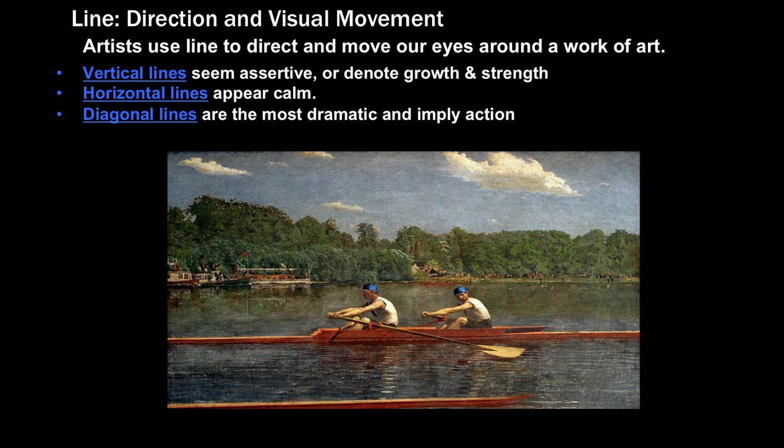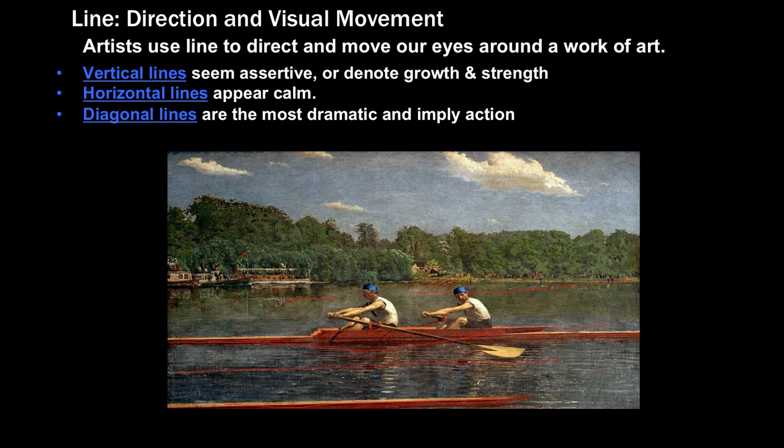Vertical lines seem assertive or denote strength and growth. Horizontal lines, as we see here, usually appear calm. This is a pretty easy example of that with these calm lines. The water is very calm. The boats are very calm.